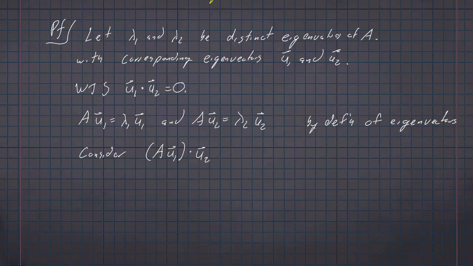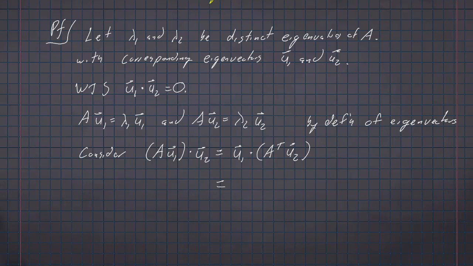AU1 dot with U2. We just proved the theorem about the dot product. AU1 dot with U2 is the same thing as U1 dot with A transpose times U2.